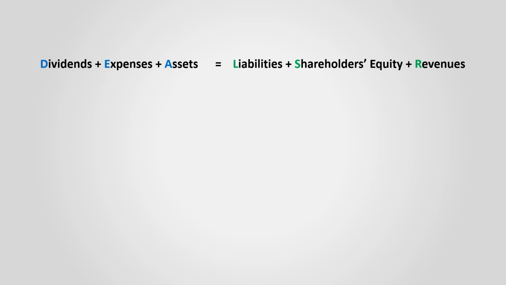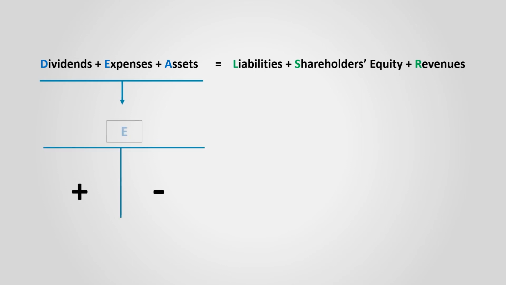To recap, let's return back to our rearranged accounting equation. You will notice that assets, expenses, and dividends increase on the side in which they are positive, which is the left-hand side, or the debit side. To decrease any of them, you would move it to the other side of the equation, which is the credit side. That is why assets, expenses, and dividends increase on the debit side of the account and decrease on the credit side of the account.